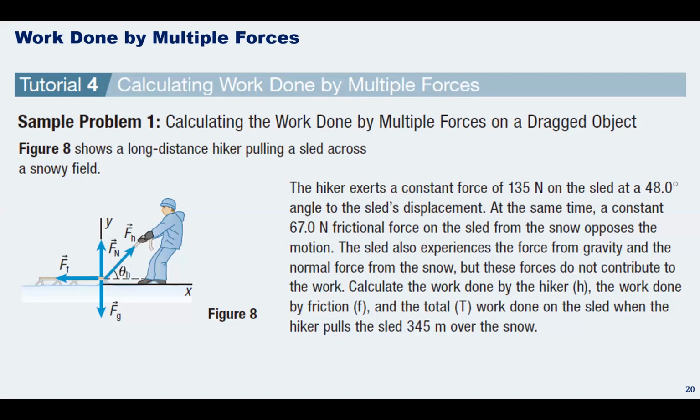But these forces do not contribute to the work because they are perpendicular to the displacement, right? So can you calculate the work done by the hiker, the work done by friction, and the total work done on the sled when the hiker pulls the sled 345 meters over the snow?